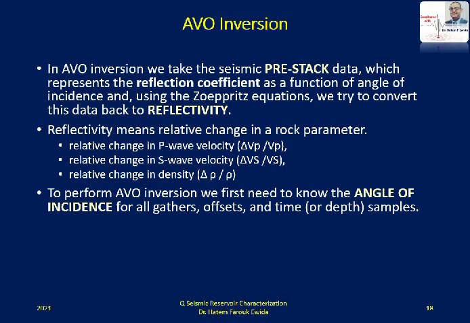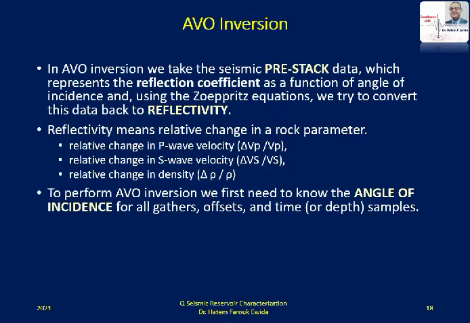And then to perform the AVO inversion, we need to know the angle of incidence of all gathers. The gathers means the CMP gathers, the different offsets, and the time and or depth samples. This is from the seismic data itself. So I need to know the angle. So how can I get these angles?